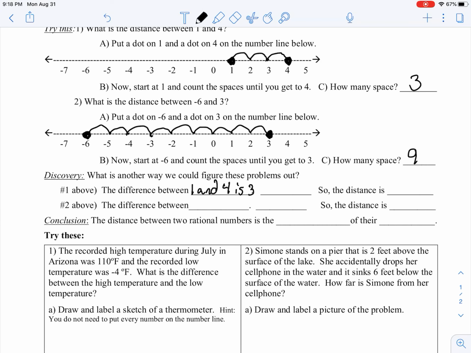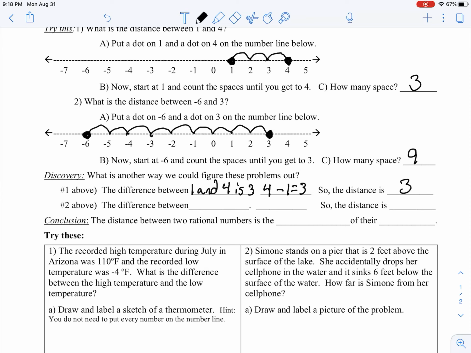So we want to think, what is the operation when we're using our difference? Difference we know is subtraction, so we're going 4 minus 1. So the distance equals 3. We didn't need to draw a picture. This is another way we can do it, but if a picture helps you, then by all means use a picture.